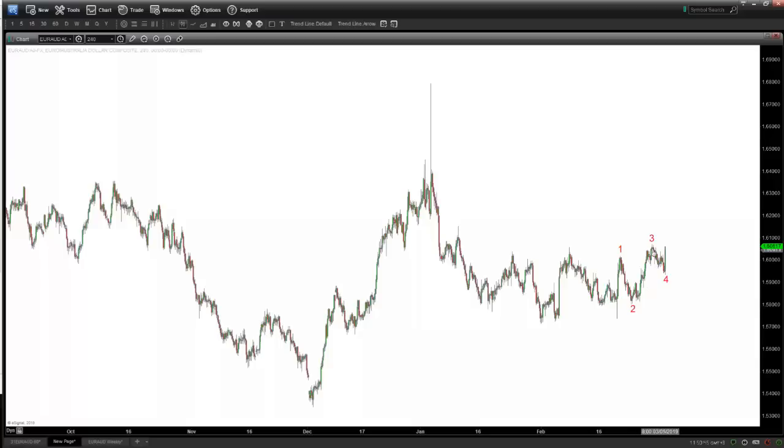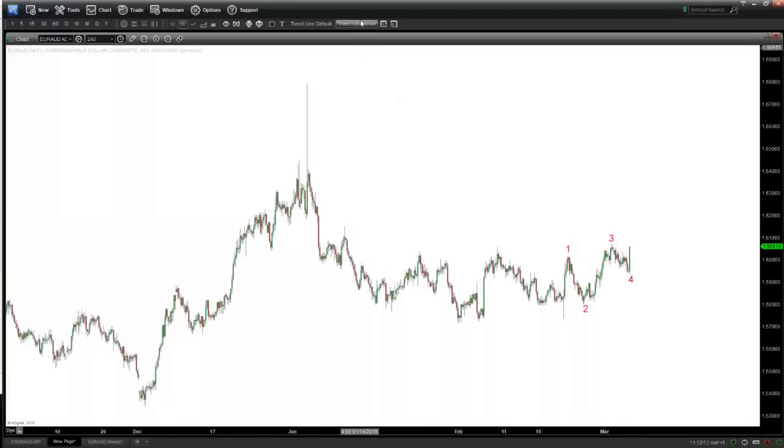So this is the 2 and 3 and 4, so this has to be in the 1, which means that this 4-hour chart is showing what looks like a 1, 2, 3, 4, and then 5, and then we got another swing from this low here. So from this low we have 1, 2, and then we got 5 waves up, it looks like.